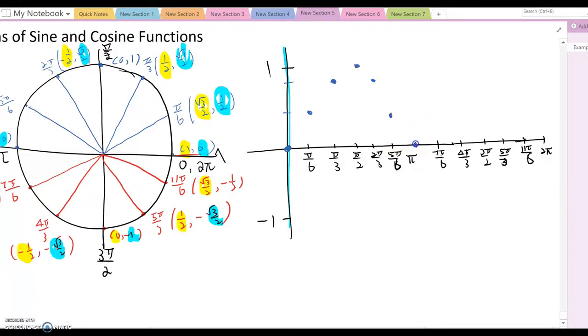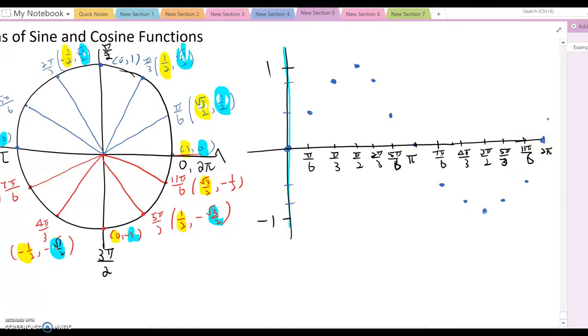Pi, 0. 7 pi over 6, negative 1 over 2. 4 pi over 3, negative root 3 over 2. 3 pi over 2, negative 1. And then 5 pi over 3, negative root 3 over 2, 11 pi over 6, negative half, 2 pi, 0.